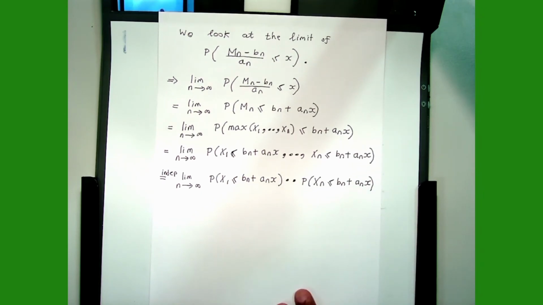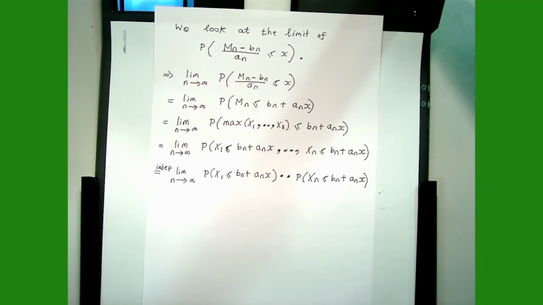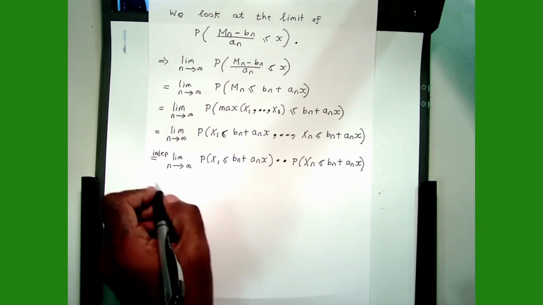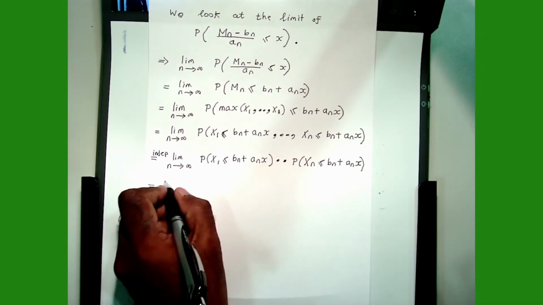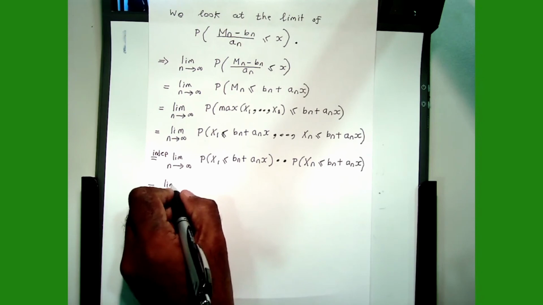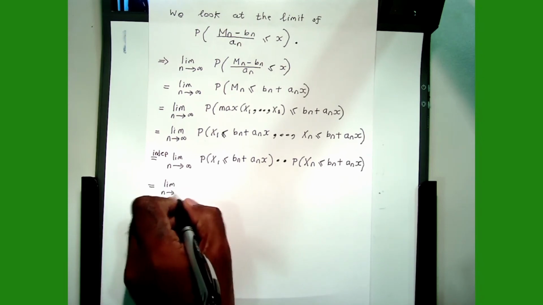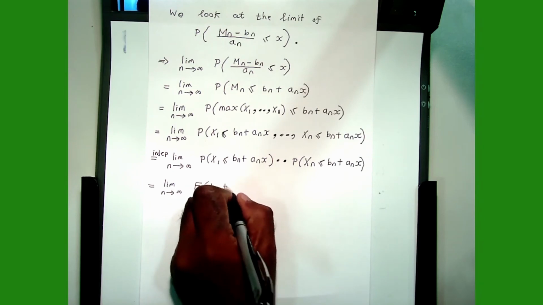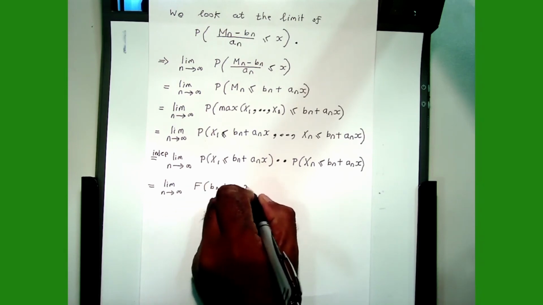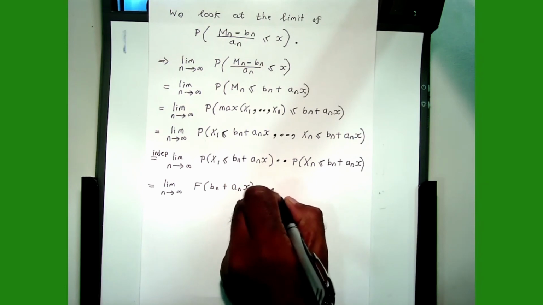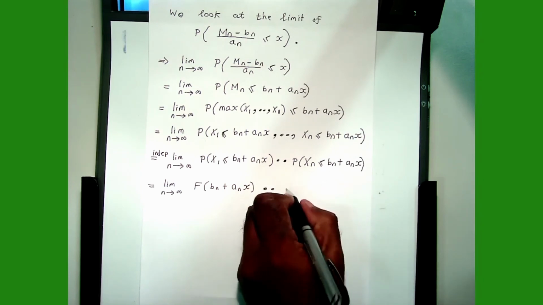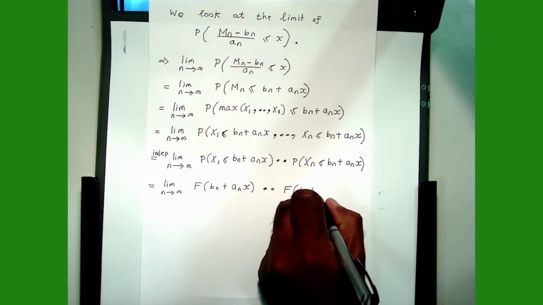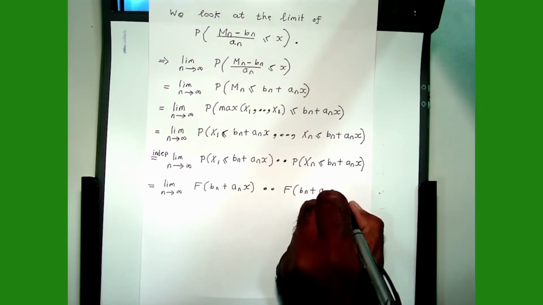And in the next step, I'm going to use the fact that X1 to Xn each have CDF F. So this will be equal to the limit as n goes to infinity of F at Bn plus An x, and similarly the same F at Bn plus An x.